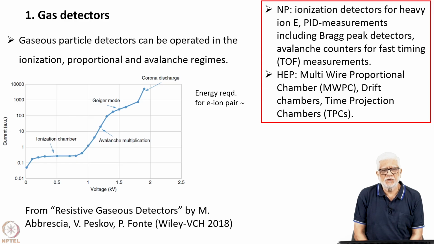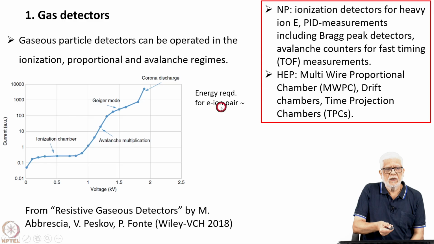If you have a parallel plate or a wire in a cylindrical chamber, then as you increase the voltage, the current increases initially and then saturates, as is shown here. So, this is the so-called ionization chamber regime.